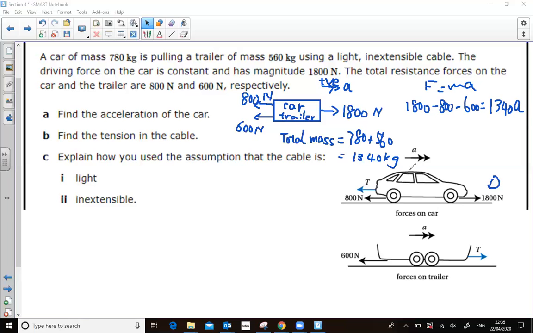So now we will get 400 equals 1,340 a. And pointing to the calculator, you should get your acceleration equals 0.299 meters per second squared to 3 significant figures.